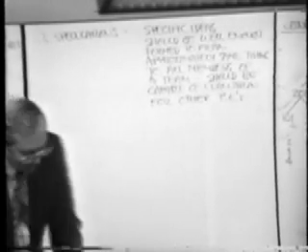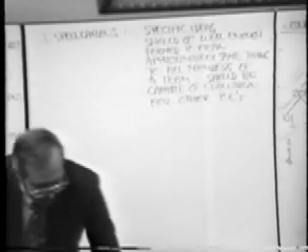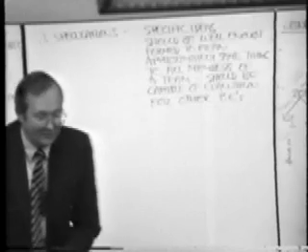Let me show you, I'm going to try to get some on the screen here, some examples of these problem element sheets. Now we've done many of these, and I'll try to give you an idea what these look like.